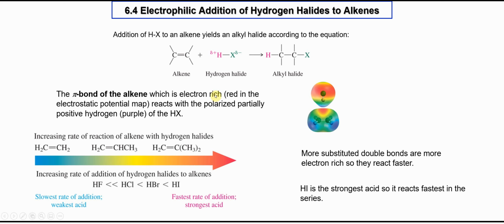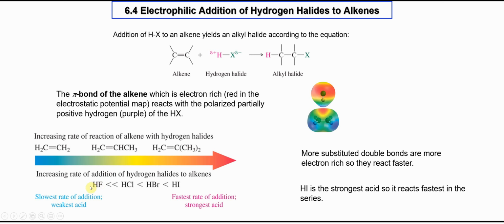That electron-rich region will result in the polarized, partially positively charged hydrogen being connected to the more negative carbon. And your chloride, which is a negative ion, will be connected to the more partially positively charged carbon, which is related to your carbocation. Again, which alkene is more reactive? Essentially, the more substituents you have, the more stable the related molecule will be.